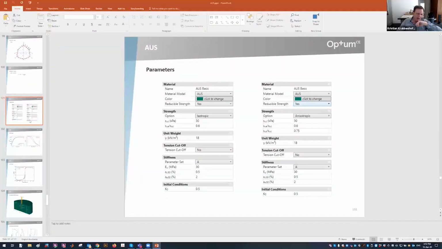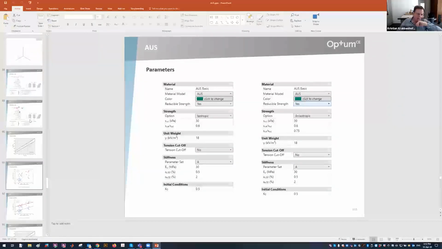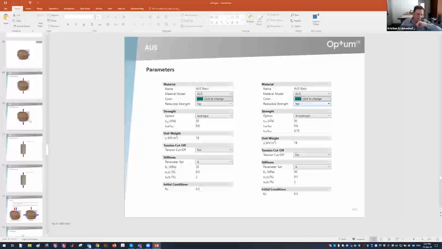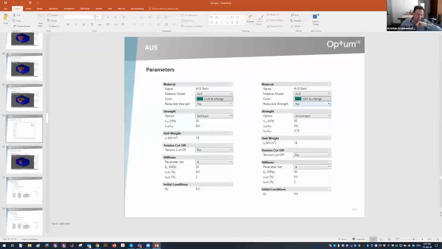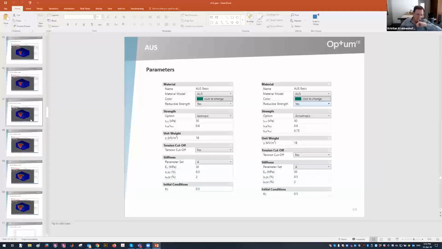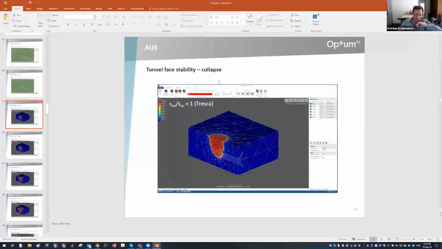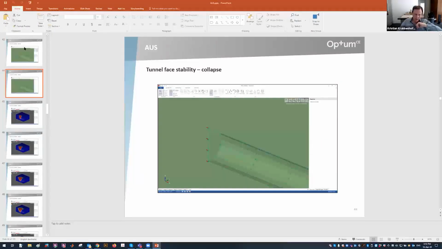So that's what I tried to give a flavor of here with this tunnel face stability problem, where we are determining the necessary pressure to keep the tunnel face stable. We're looking at the situation where the tunnel face collapses into the tunnel, so it's a kind of active earth pressure problem.